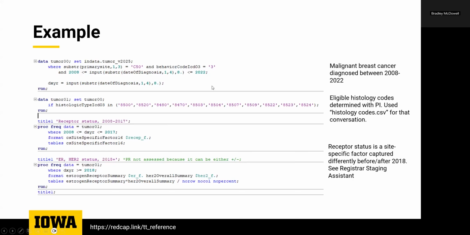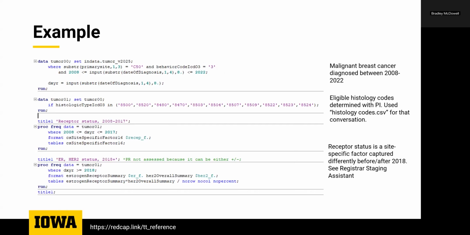So here, I'm doing a query. I'm looking for breast cancer. The first three characters of that code are C50. I'm looking for malignant breast cancer diagnosed between 2008 and 2022. I worked with the investigator to determine which histology codes we were going to look at, and I did that empirical approach where I pulled out all the breast cancer patients, and then we looked at which histology codes were present.